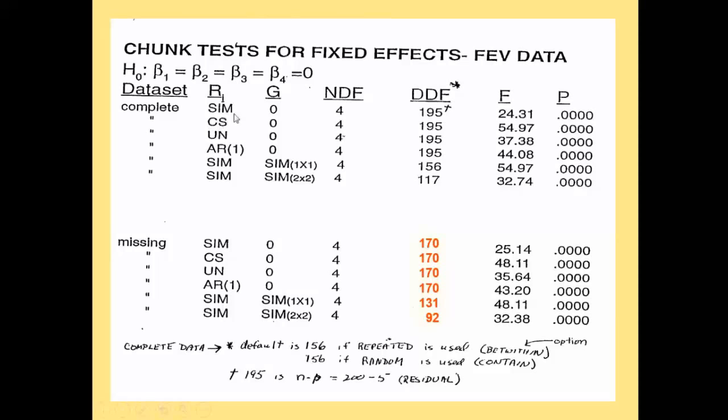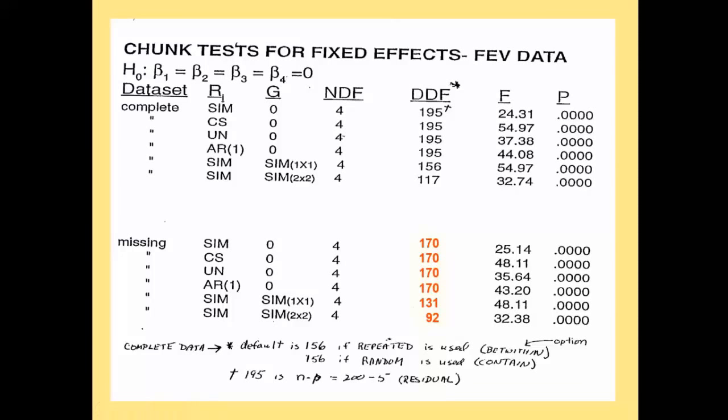What I'm showing on screen is the same model run with different correlation structures, and the first 4 are all different marginal model correlation structures. The first one assumes independence. There's no G matrix in the first 4 of them.